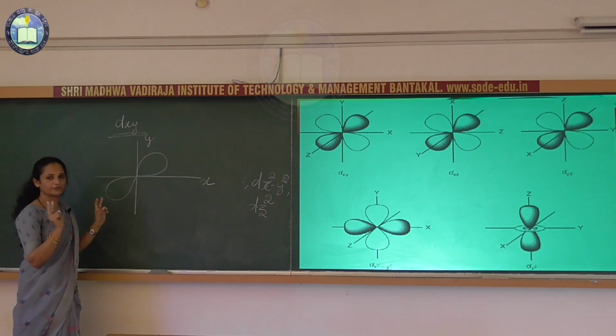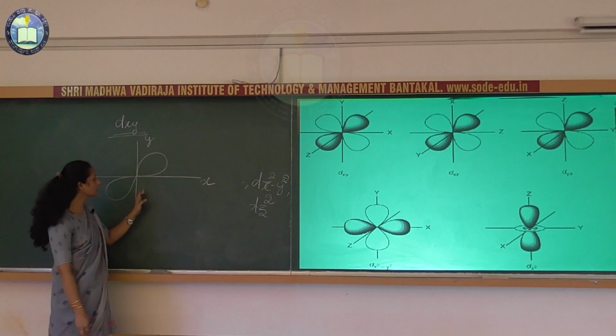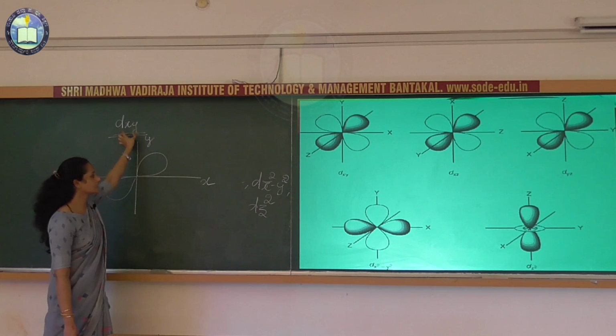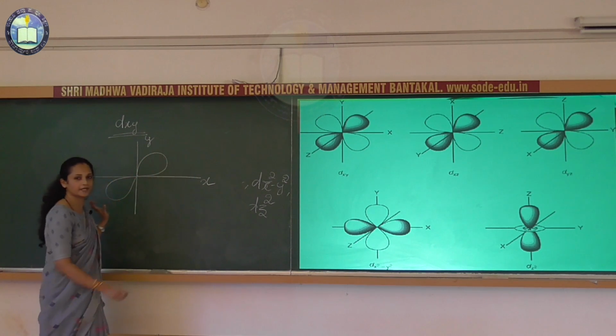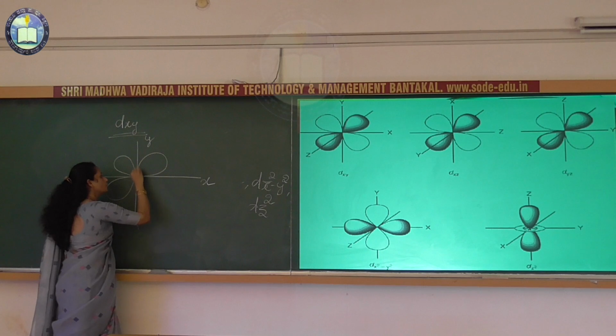There are 4 lobes in total, double double, that must be represented between the x and y axis. So one double. Next, one more you show.